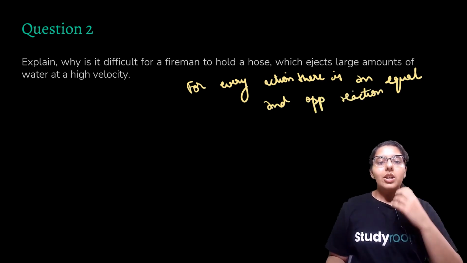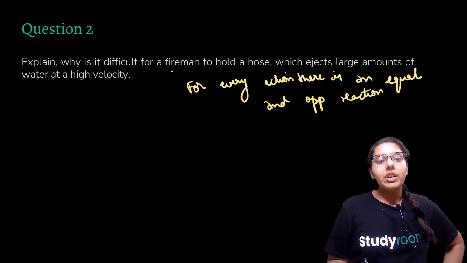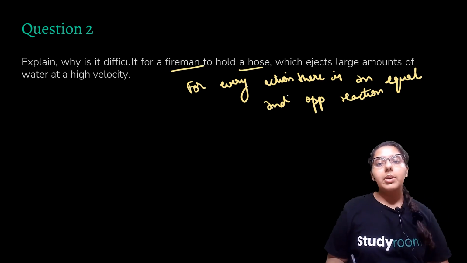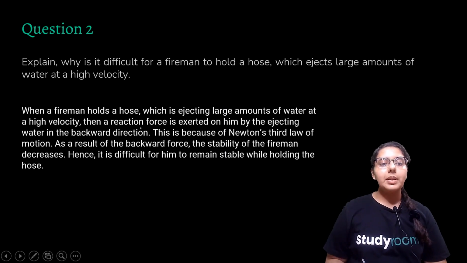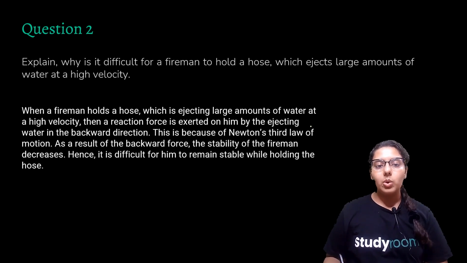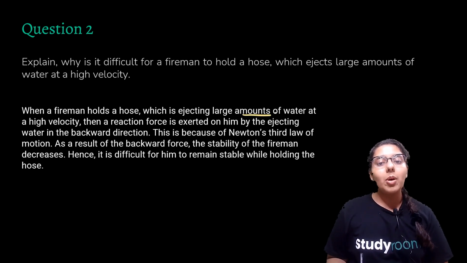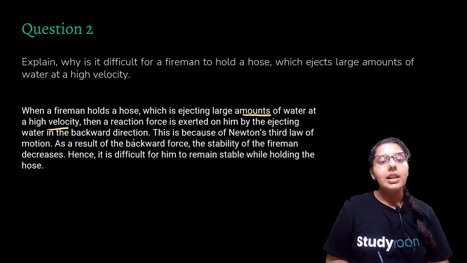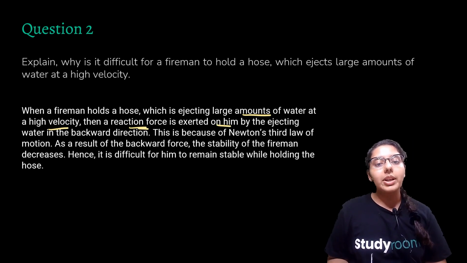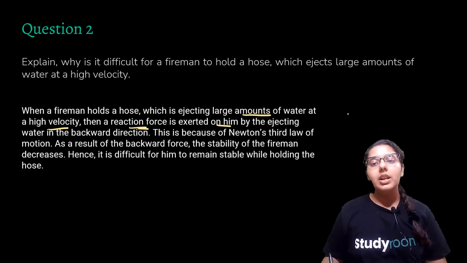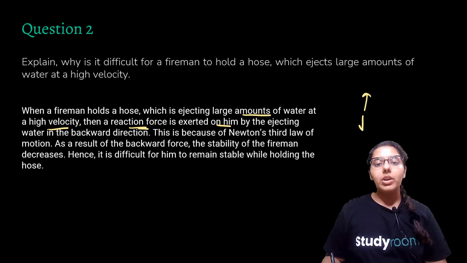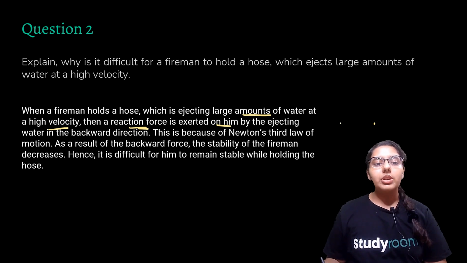So that's why it is difficult for a fireman to hold a hose. When a fireman holds a hose which is ejecting large amounts of water at high velocity, a reaction force is exerted on him, opposite to the water being ejected. So there is an equal and opposite force acting in the backward direction. This is because of Newton's third law of motion.